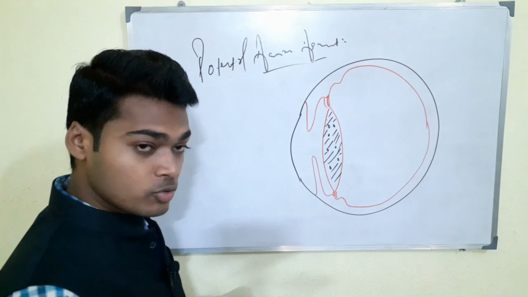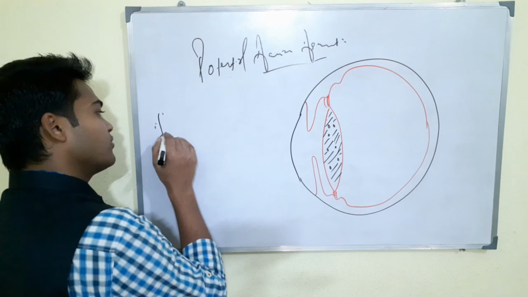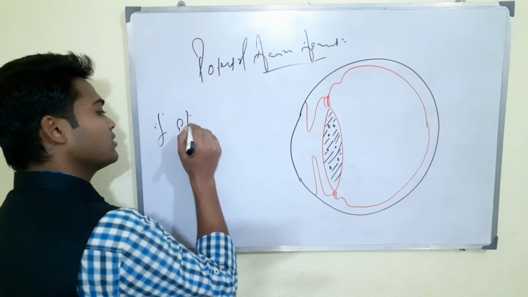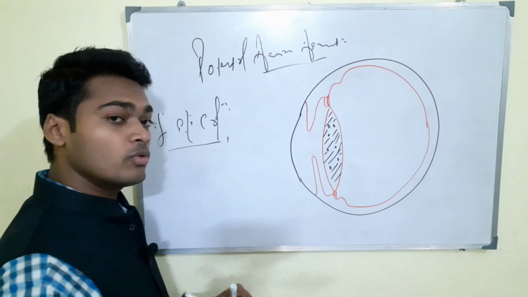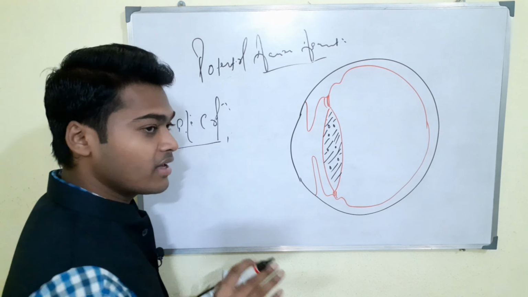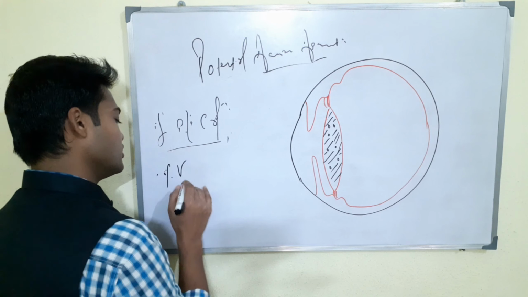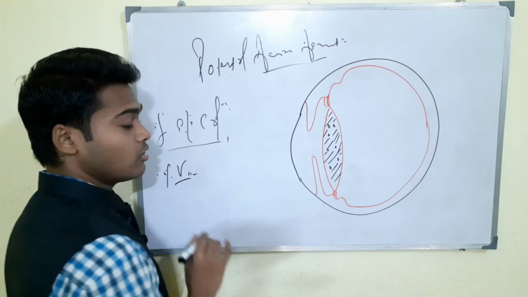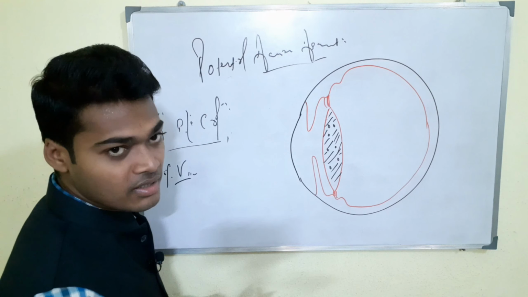Now I come to the point. If the patient has a cataract after proper diagnosis, as an examiner or eye care practitioner, what you have to do is take the vision, not the visual acuity. Vision is a different thing, visual acuity is a different thing, right?